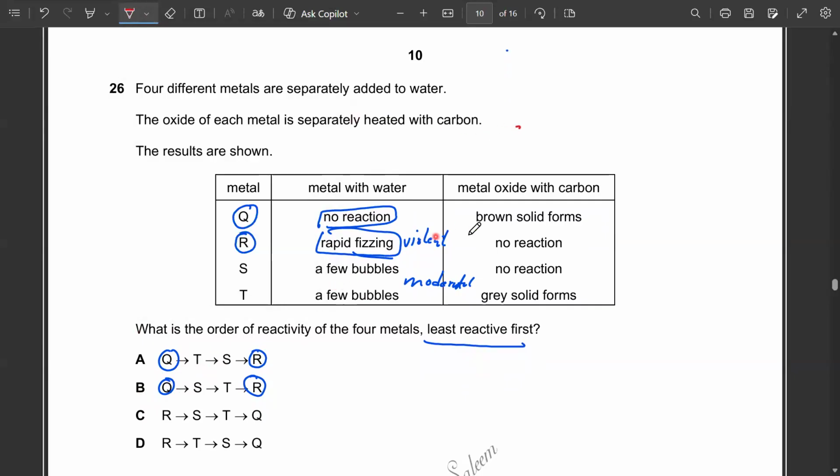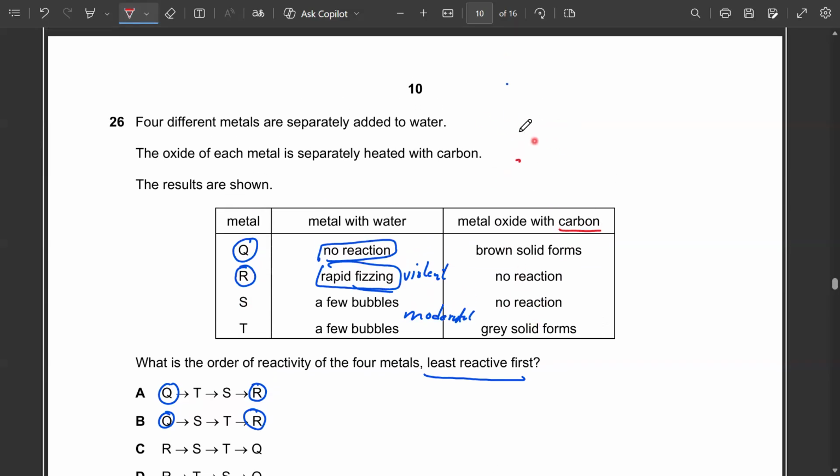Over here, we can see there is a difference between T and S on the basis of their reaction with carbon. If I say this is a metal oxide, M is any metal, it could be S, it could be T, and it is reacting with carbon.